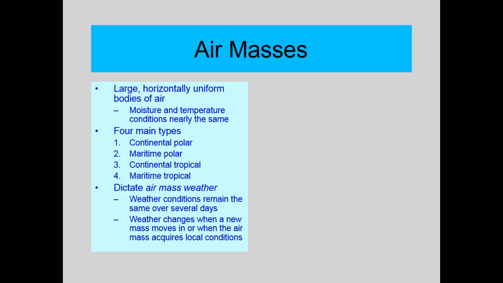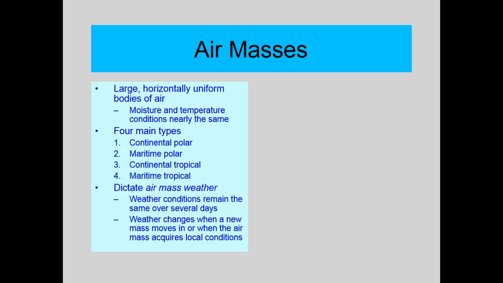So we're in a gradually changing, probably because our maritime tropical is winning, bringing in the warm, moist air. In a few days, then the continental polar is going to come down and probably drop it back again. So we're in the battle between these two and maybe a little bit of the others too. Okay, but usually the weather conditions remain the same over several days and then you have a change.